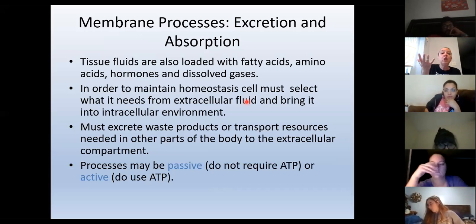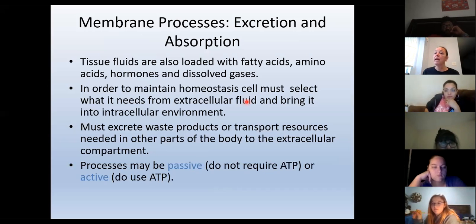We need fluid to be able to move in and out to maintain the pressure. We want to have homeostasis. Our cells, I think we talked a little last week, are pooping, and we got to get that poop out of the cell.